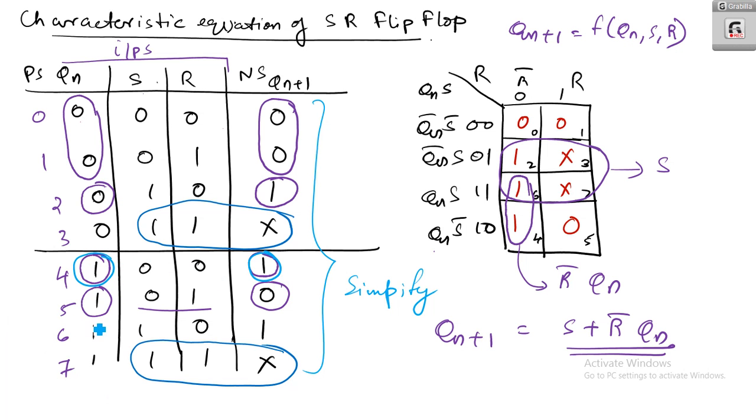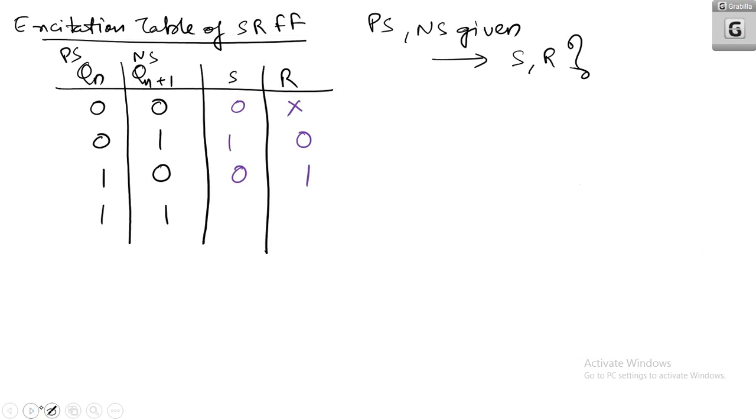Only in these two conditions. Now see, here S can be 0 or 1 and R is always 0. Therefore we can write S is don't care and R is equal to 0. So that is the excitation table of SR flip-flop.